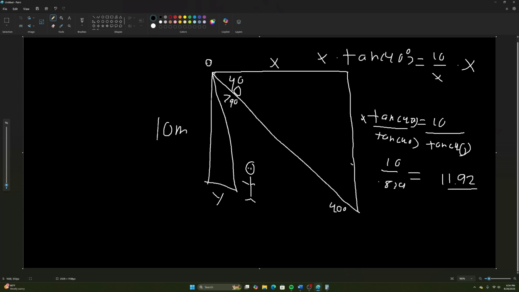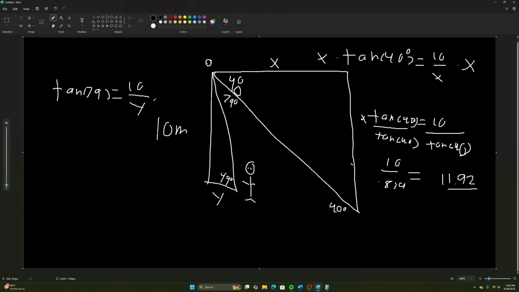Can you guys guess what this is going to be the alternate interior angle of? I'm not going to make you. It's going to be right here, in this corner. 79 degrees, right? Yeah, I'm sure that's all you guys needed. You can do it from here, so end the video if you can. But if you just want to see me because you like hearing my voice, which I really don't, tan of 79 is going to equal the opposite, 10, over y.